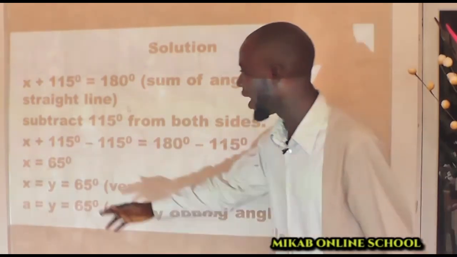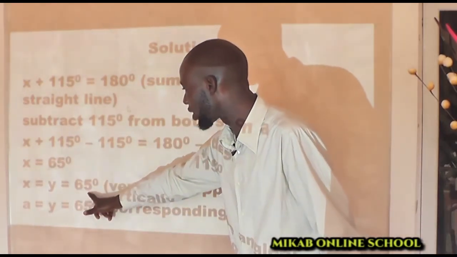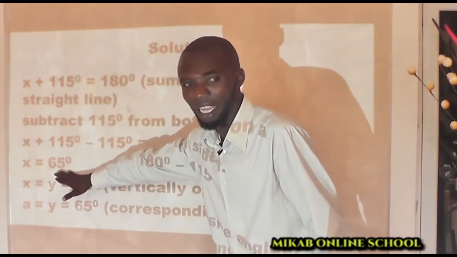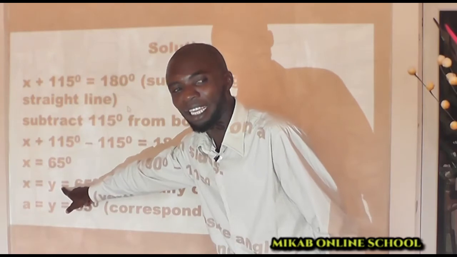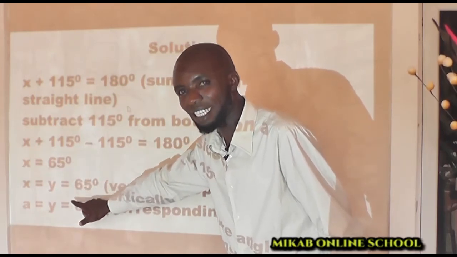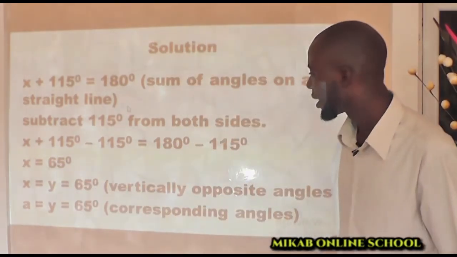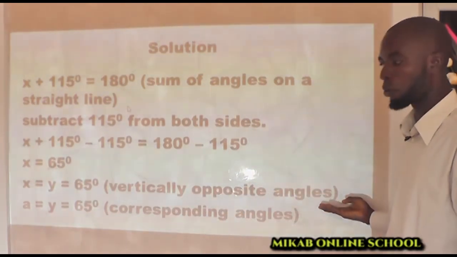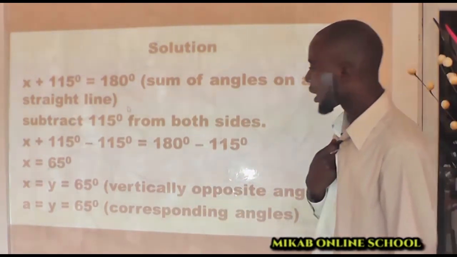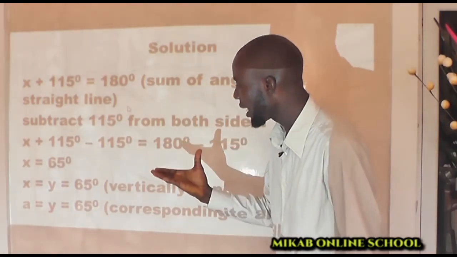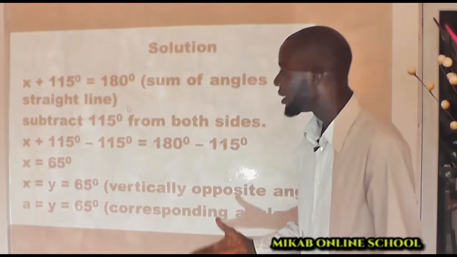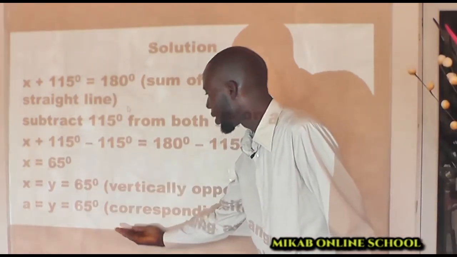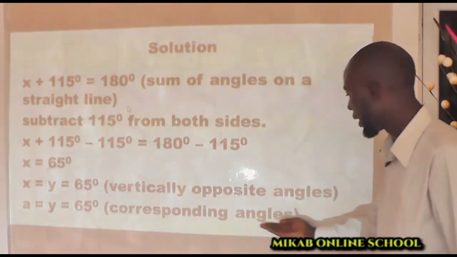That is why x equals 65 degrees, and y is also 65 degrees. The reason is that the two of them are vertically opposite angles. And you agree with me that y and a are equal as well. The reason is that the two of them are corresponding angles.